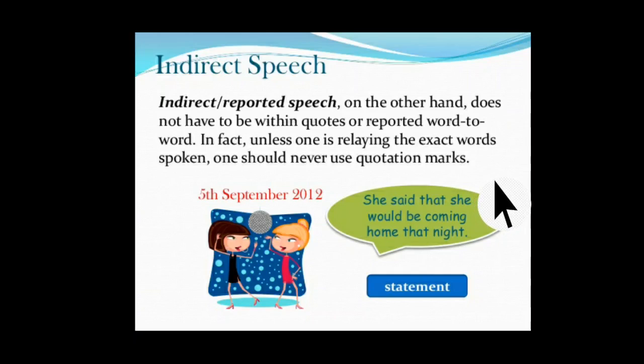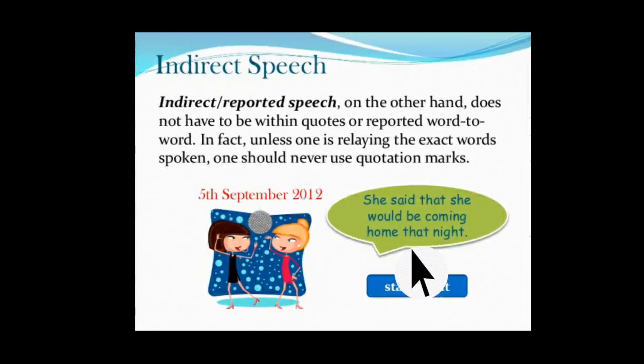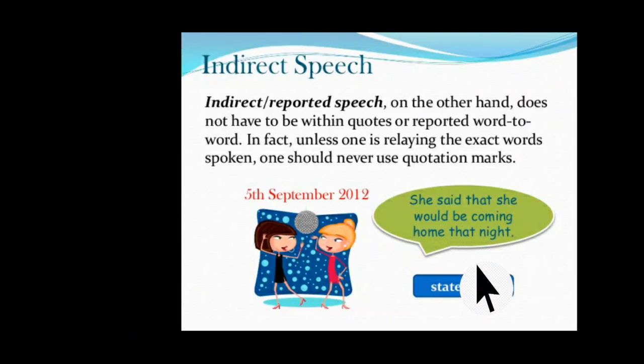In indirect speech, the actual words of the speaker are not put in inverted commas, and they are not represented the same. For example, she said that she would be coming home that night. इसी example को हमने modify किया, I will be coming home tonight, she said that she would be coming home that night. That is also a statement, but that is in indirect form or reported speech.